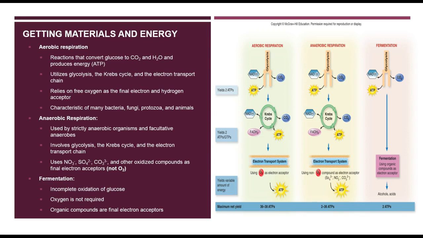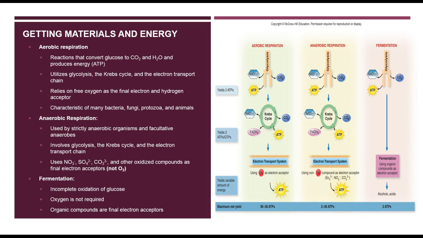Anaerobic respiration is a form of respiration that is used strictly by anaerobic organisms and facultative anaerobic organisms. It still involves those 3 processes. So anaerobic respiration is going to involve glycolysis, the Krebs cycle, and the electron transport system. However, oxygen is not the final electron acceptor.